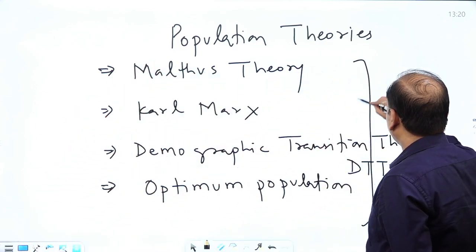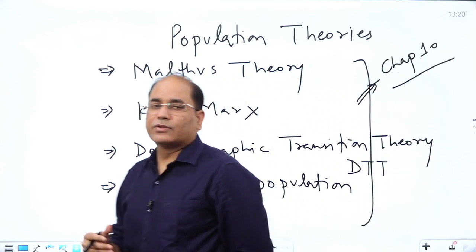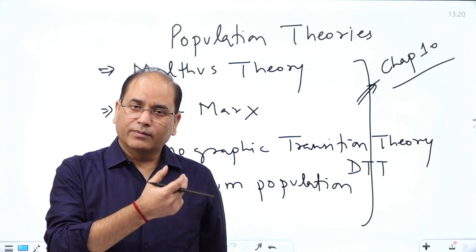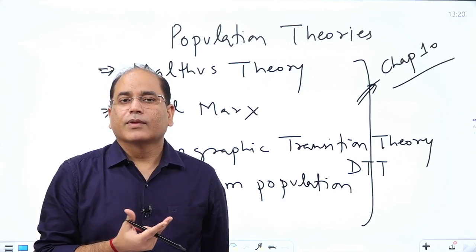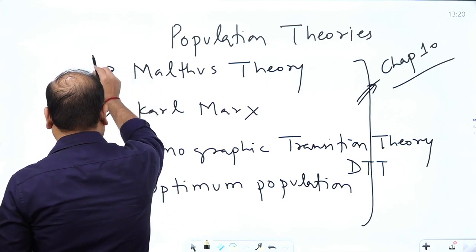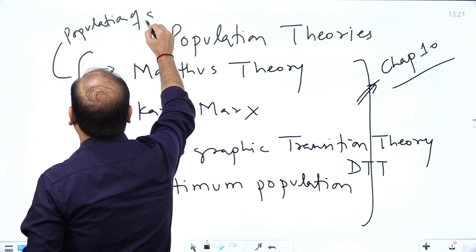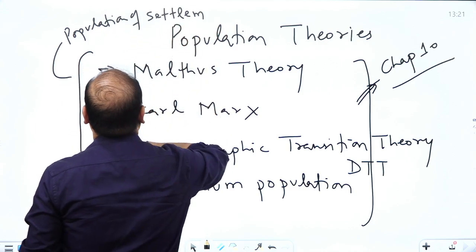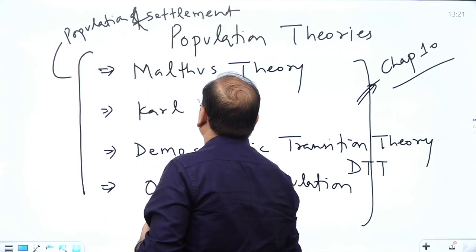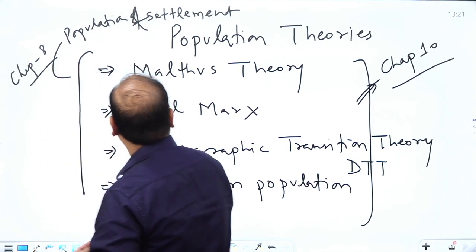So the chapter 10 of paper 1, which is associated with the models, laws and theories in human geography, from that chapter you will get direct questions. But questions related to these theories are also being asked in the chapter of population and settlement, that is chapter number 8 of paper 1.